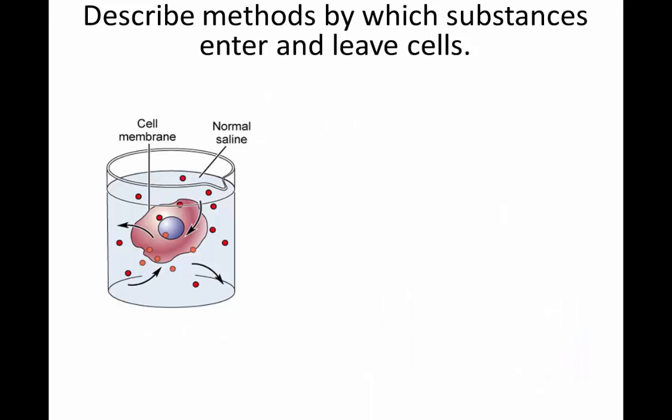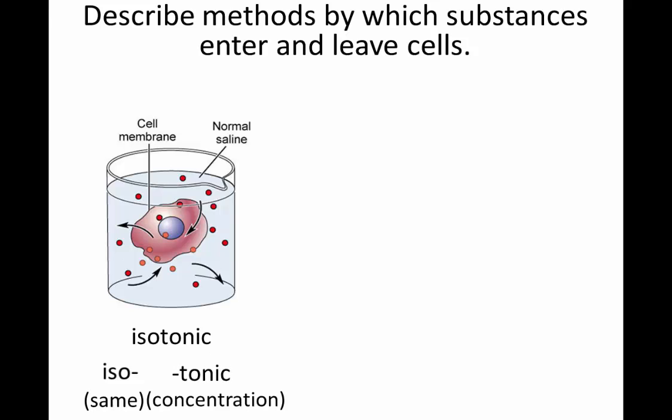So let's look at a couple examples here of solutions that we might have a cell within. The first is an isotonic solution. What this means is, iso means the same, and tonic is referring to concentration.